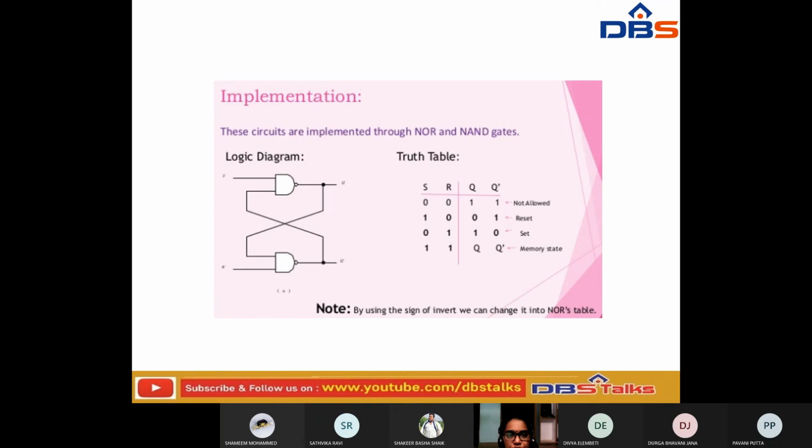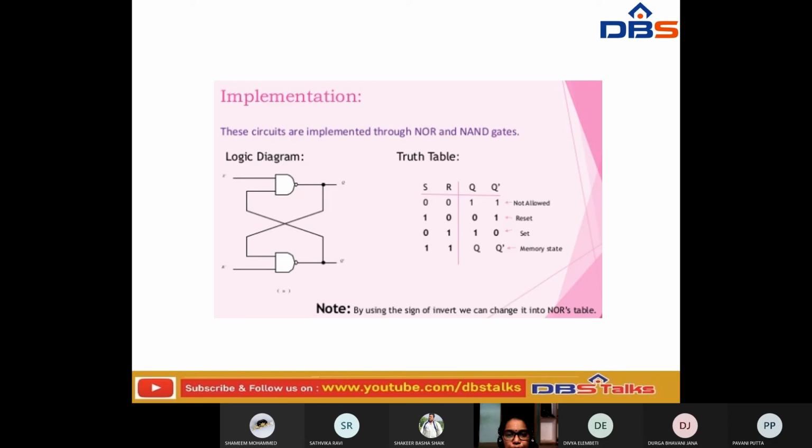This is the implementation. These circuits are implemented by using NOR or NAND gates. So this is a NAND gate. It has two inputs, S and R, and two outputs, Q and Q dash. If S is 0 and R is 0, then the outputs Q and Q dash will be 1, 1.